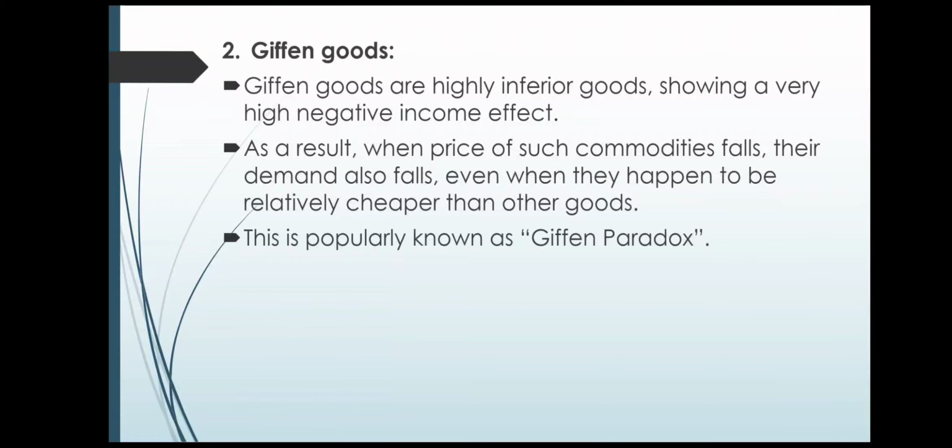So this showed that there is this contradiction. This trend is not following the law of demand. When there is an increase in price of bread, there is increase in demand for bread. And vice versa, when there will be a fall in price of a particular commodity, there will be fall in their demand.